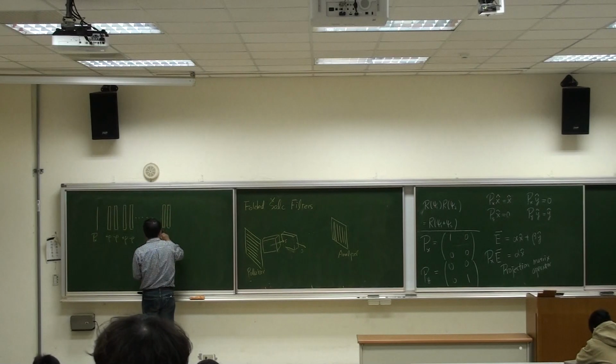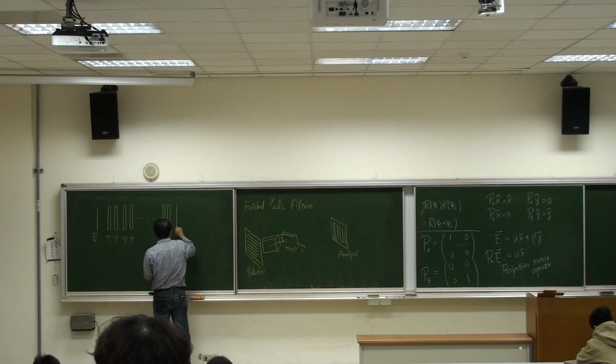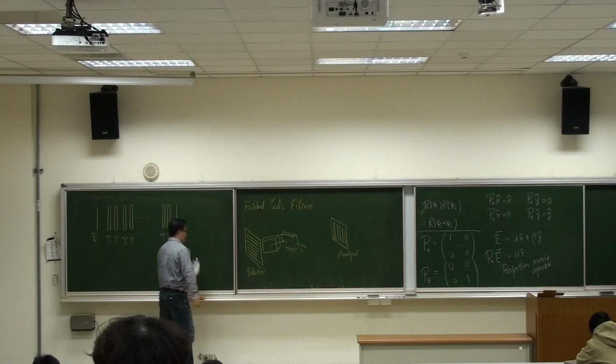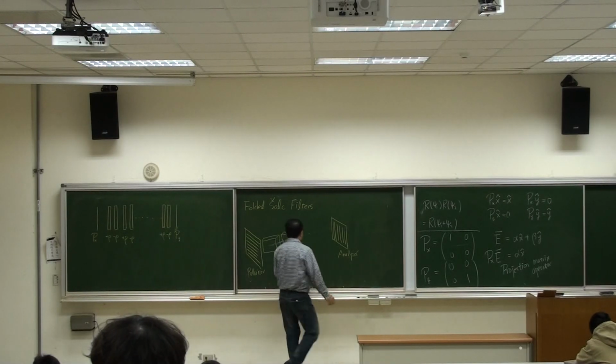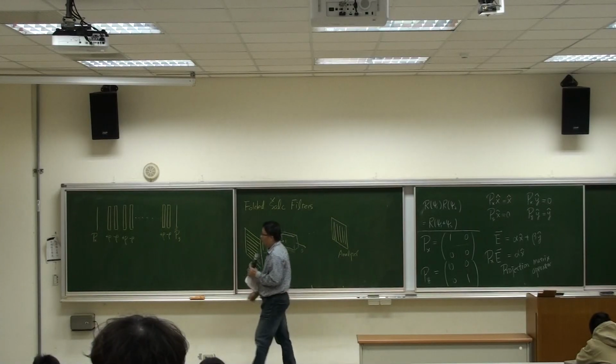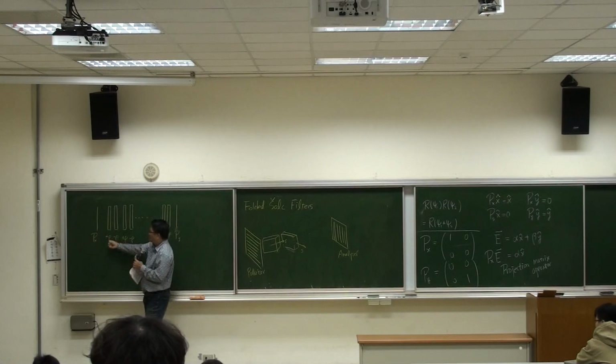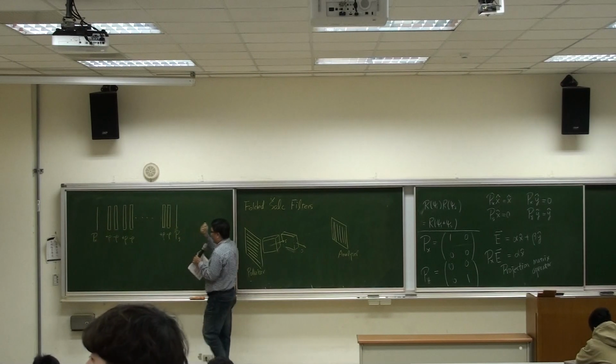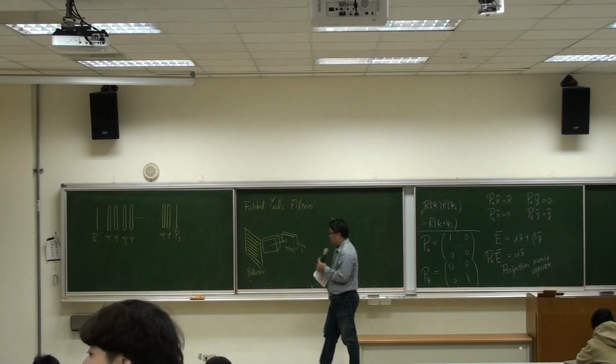Finally, we still have positive rho and minus rho. And then the analyzer is the Y polarizer. Positive rho, negative rho, positive rho, negative rho. These are the orientation angles of the slow axis.